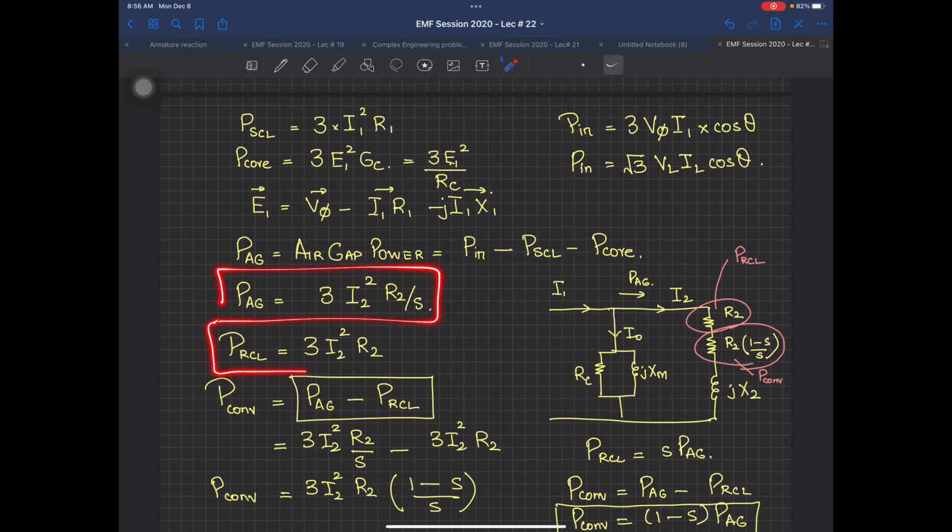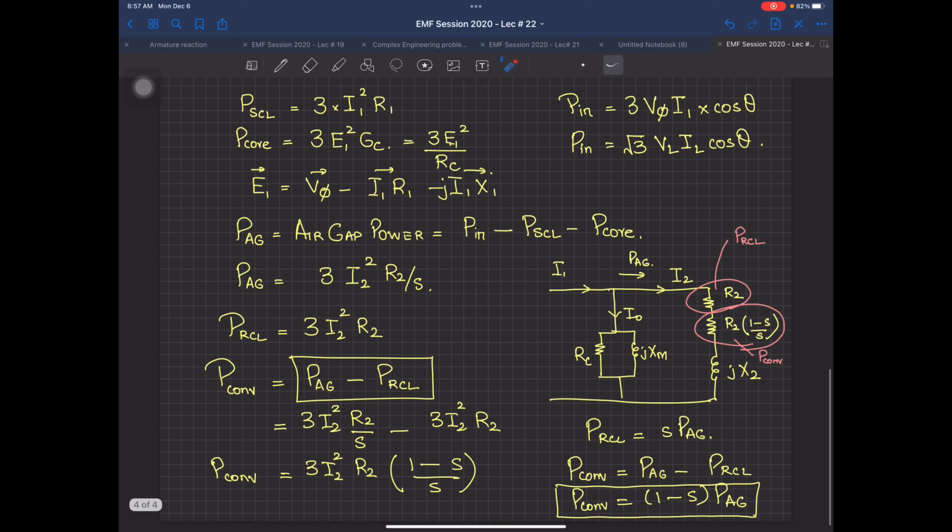The rotor copper losses are based on the physical value of R2. So this is 3 I2 square R2, and if you subtract over here like this, you are going to get the P converted power. So this means that this P converted is equal to (1 minus S) into P air gap, and this is a very important formula.